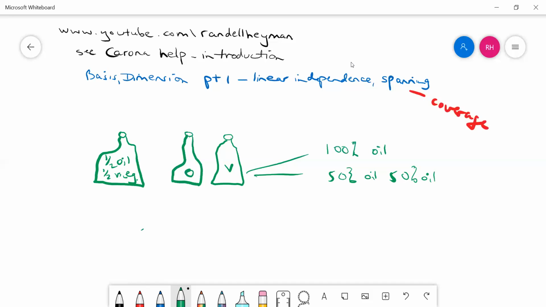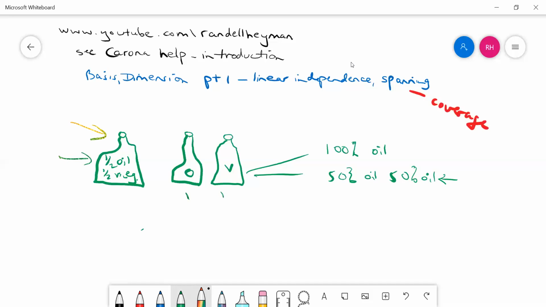We've only got limited space on the dining room table, and this oil and vinegar mixture is very convenient for this person here, and for a lot of combinations you could make up by using this and then some oil and vinegar. But essentially this one here is not needed, because I can always make it up with oil and vinegar. So we would say that these three bottles are not linearly independent, because this one here is just a combination of this one and this one.